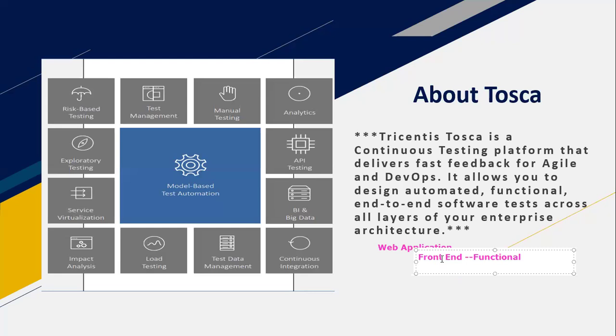Similarly, for backend testing, what comes under it? DB testing and API testing. For the front end, functional testing includes regression, smoke, and sanity. But at the backend level, we can do DB testing and API testing. We can cover all these testing categories in one test automation tool, that is Tricentis Tosca.